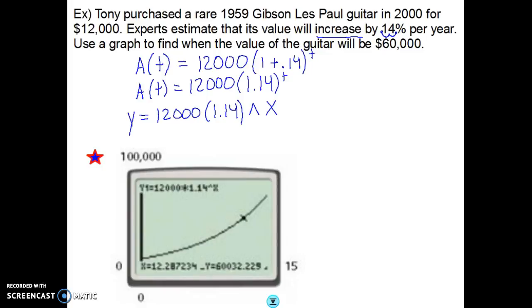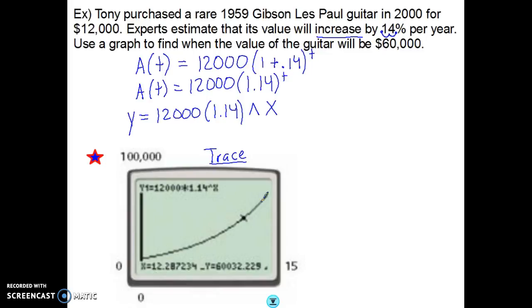Now, if we want to follow along on this curve in order to find when its y value is 60,000, there is a button on your calculator right next to the graph button called trace. What that will do is make your cursor follow along the curve, and you can use the arrow keys to move it left and right.